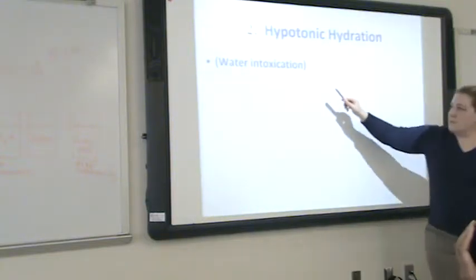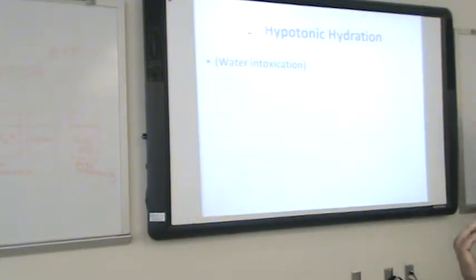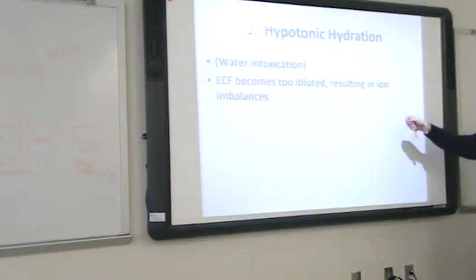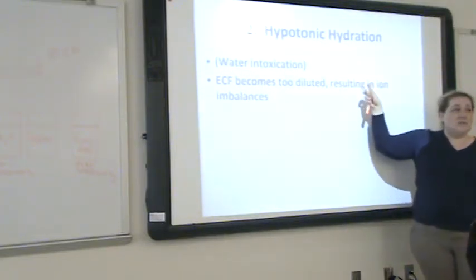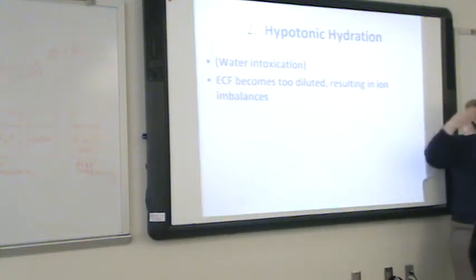Some people will also refer to it as water intoxication, but either of these terms is correct. The reason why this is dangerous is it's basically the opposite of dehydration. So if dehydration makes your levels of ions too high, if your levels of ions get too low because you're intaking so much extra water, that's dangerous as well.